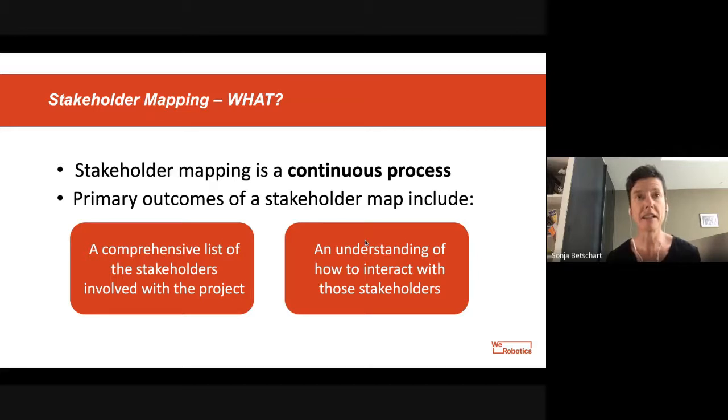And second, an understanding of how you will interact with those stakeholders that are on your list. So looking at what stakeholder mapping is, on the one hand, it's a list of the stakeholders, and on the other hand, it's kind of an engagement strategy. How will you engage with those stakeholders, and making yourself a plan?